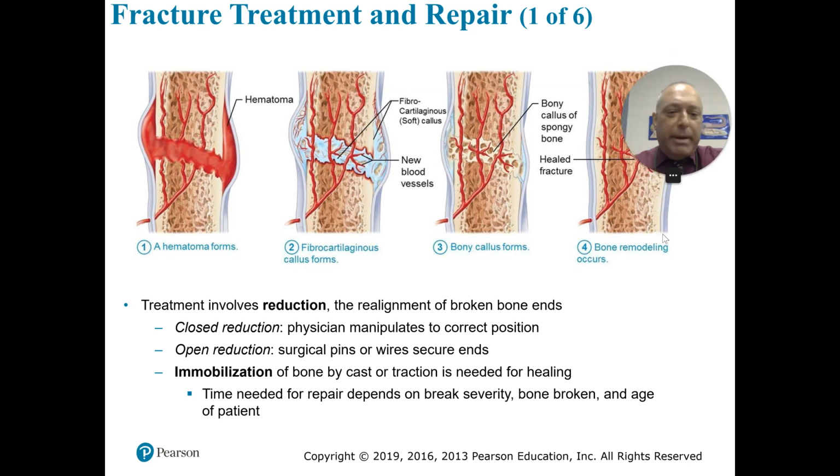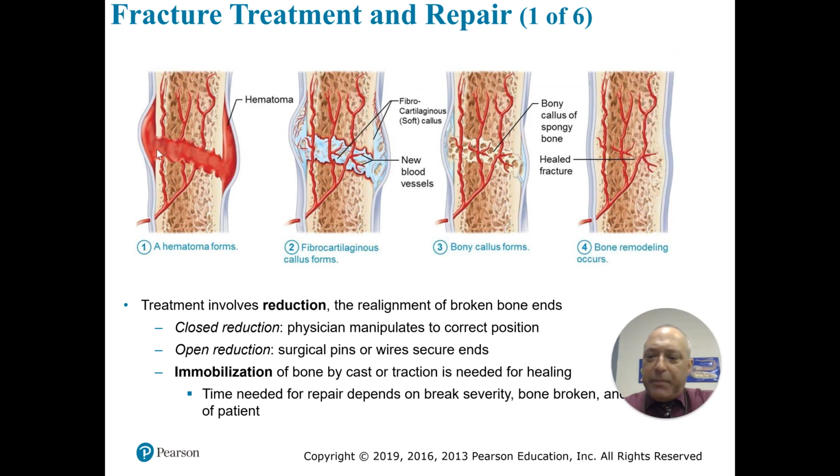So let's look at repair. First, after a break, a hematoma forms. This is from disruption of these blood vessels, and blood starts to pool. Then fibrocartilaginous callus forms, and new blood vessels start to form.